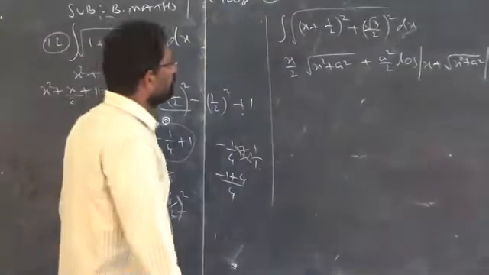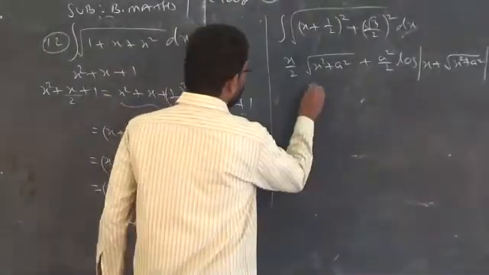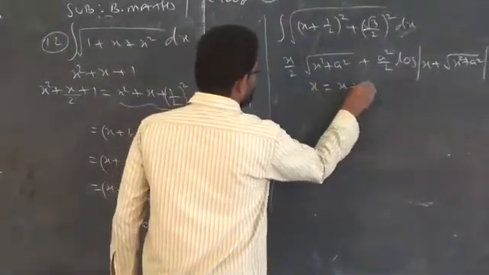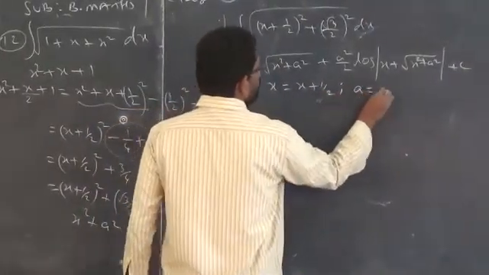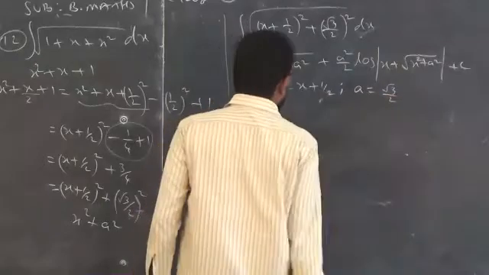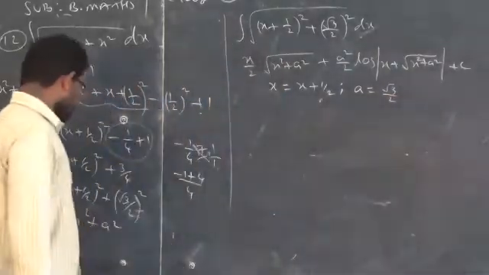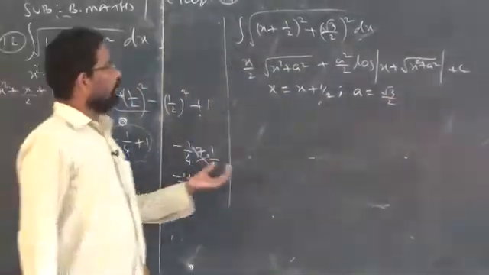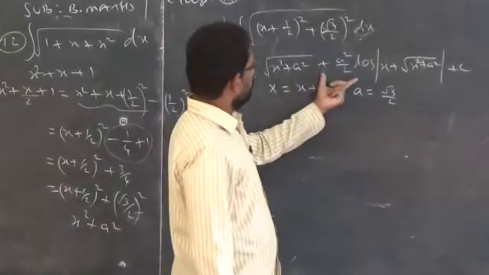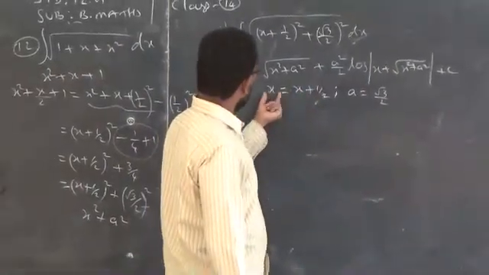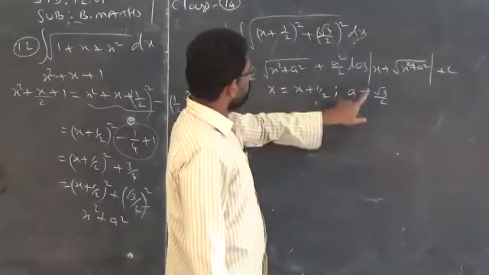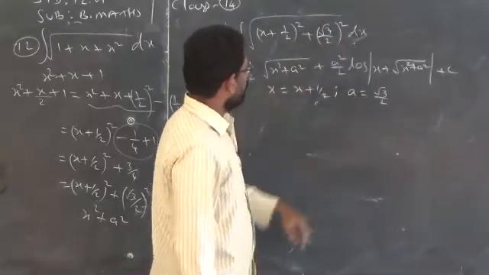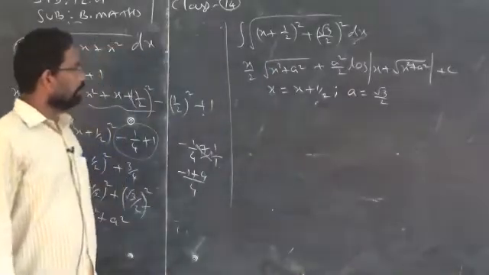Now I told you already, you have to write what is x, that is x plus 1 by 2. Then you have to pick up what is a, that is root 3 by 2, because some of the boys will write a is equal to 3 by 4. So once you write the formula, below the formula you have to write what is x and what is a. This is a square, so don't write 3 by 4. Root 3 by 2 is a.